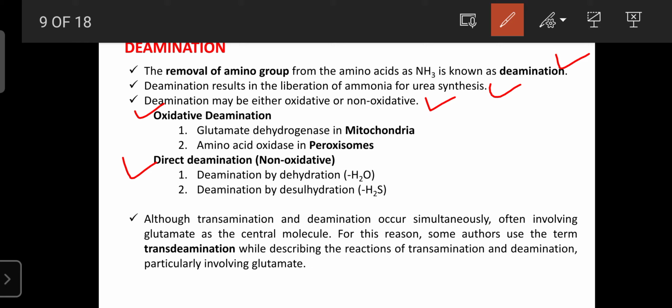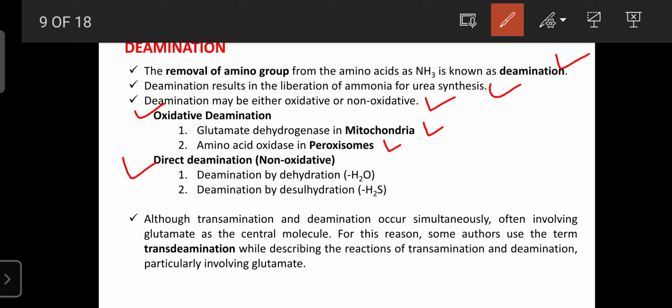It is found in the mitochondria. Another is amino acid oxidase, which is found in the peroxisomes. It means the deamination reaction occurs both in the mitochondria and in the peroxisomes, in the presence of the glutamate dehydrogenase enzyme as well as the amino acid oxidase enzyme.